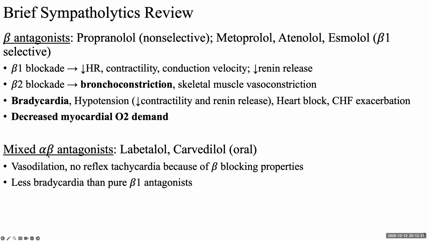Our mixed alpha beta antagonists, you'll remember labetalol, and there's also carvedilol, which is essentially an oral version of it. There is a mix of vasodilation without reflex tachycardia because we're also blocking beta receptors here. And we see overall less bradycardia than the pure beta 1 selective antagonists.